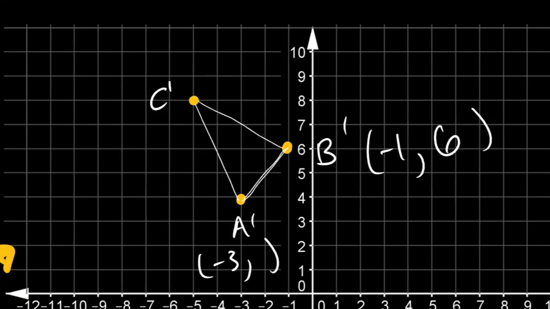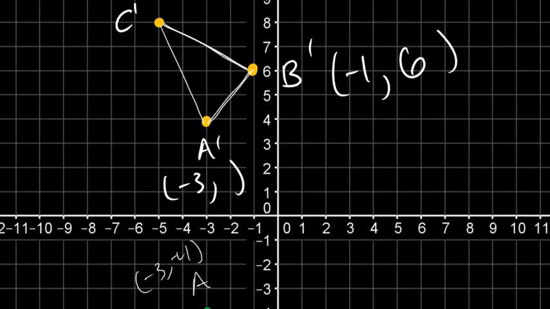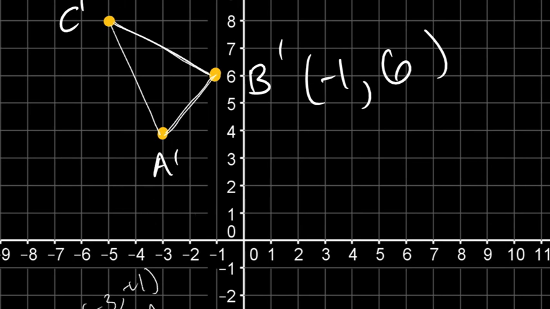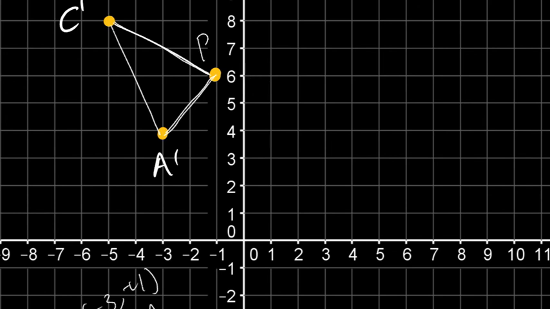I feel like I've just recently done a problem like this within the last couple days. I'm intentionally erasing these points because I think they're going to get in my way, and we wrote them down up above. I'm not going to forget that this is B prime, this is A prime. C prime is going to be fine.